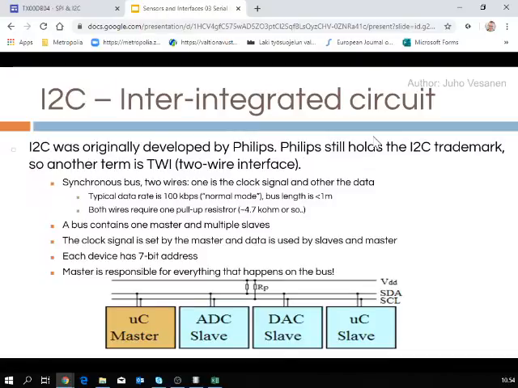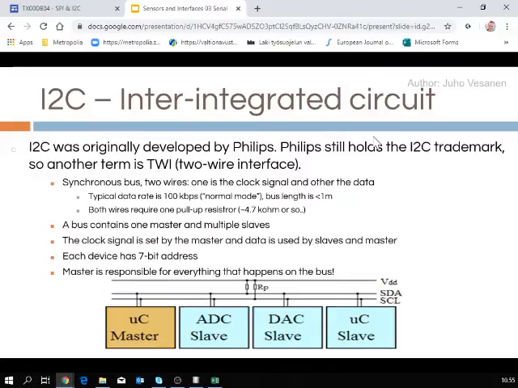Okay, so I2C is a synchronous bus. 1-wire is asynchronous. As you saw, it was only 1 wire, so no clocks there. I2C is a synchronous bus, which means it has 2 wires. One is for data in and out, and another one is the clock. The serial clock is driven by the master, and the data is a common line.